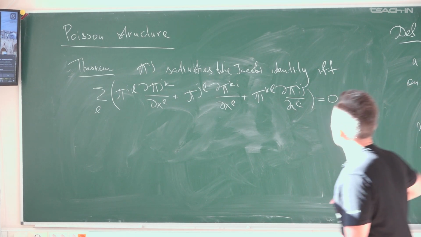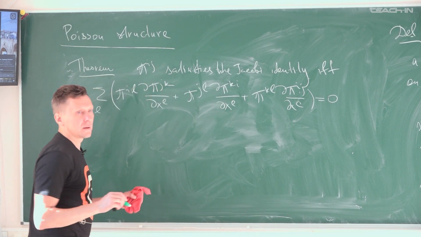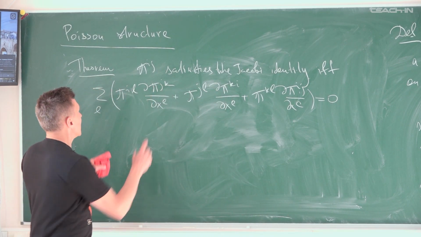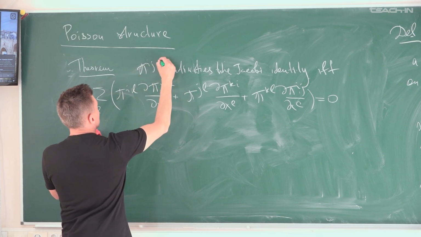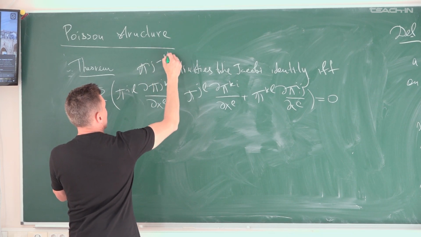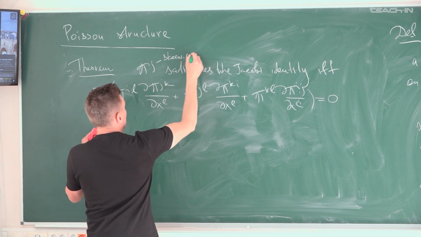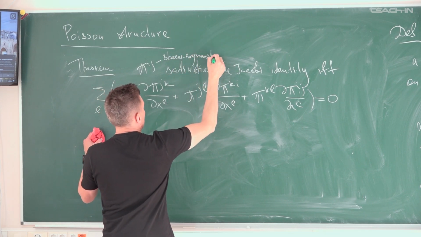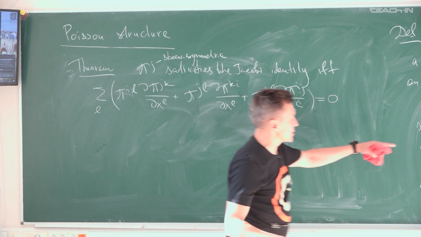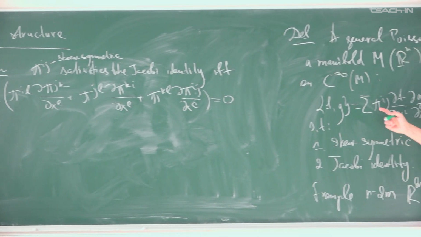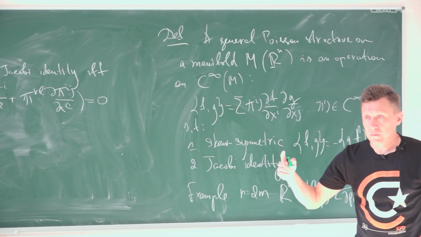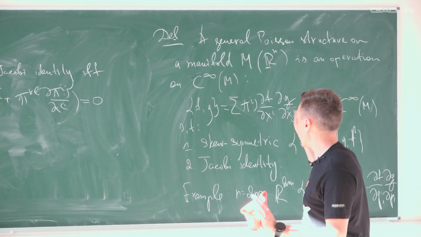This is the Jacobi identity for this pi? Yes, but we suppose that pi is skew-symmetric. So it is necessary here. So we suppose that there is some bivector. It's a matrix, so it's a bivector.